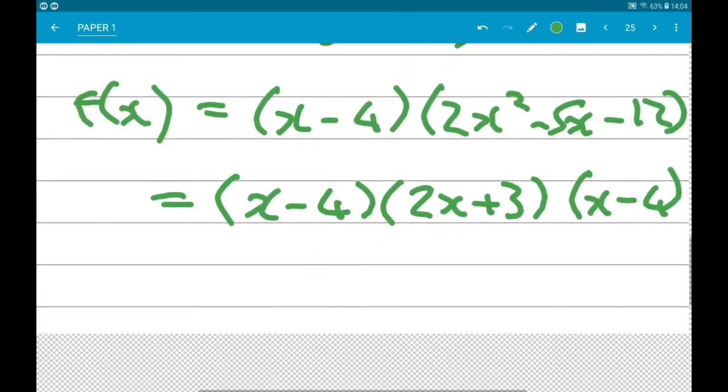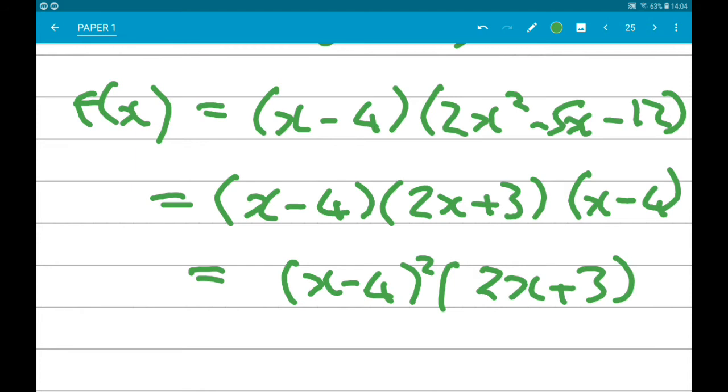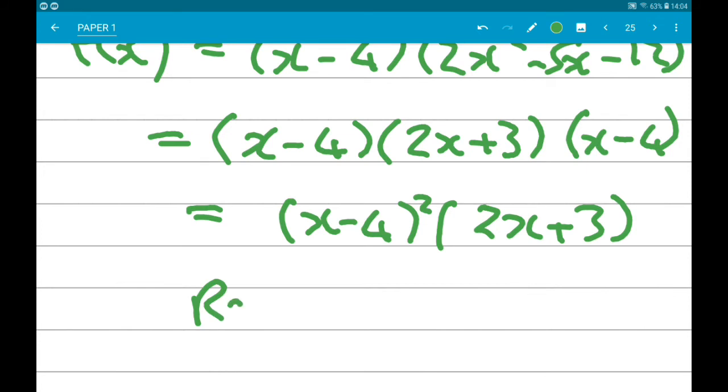Which can be written as x minus 4 squared times 2x add 3. So, finally, the roots are x equals 4 and x is minus 3 halves.